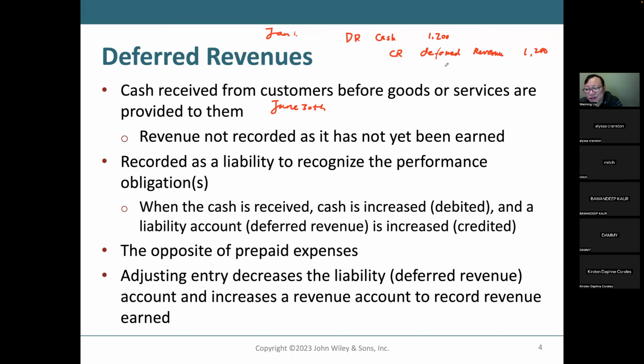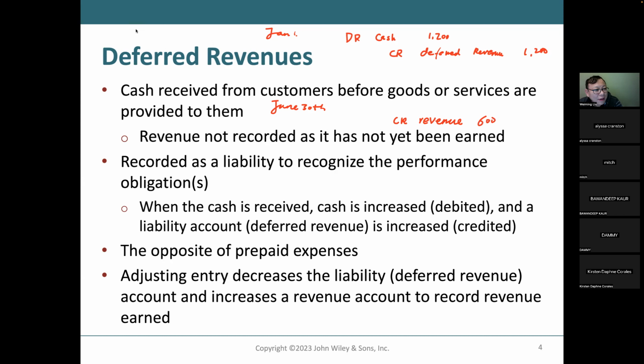So what should you do? What should you credit? If you already fulfilled the performance obligation, should you recognize your revenue? You gave them 6 magazines already. You delivered it, they received it. Should you recognize the revenue? Yes, you should recognize the revenue for 6 magazines, half of it, which is 600.